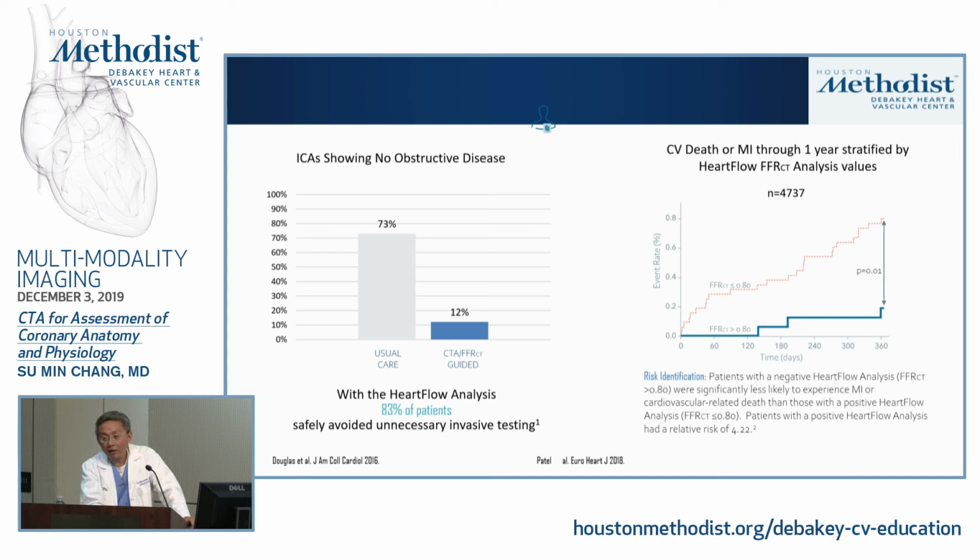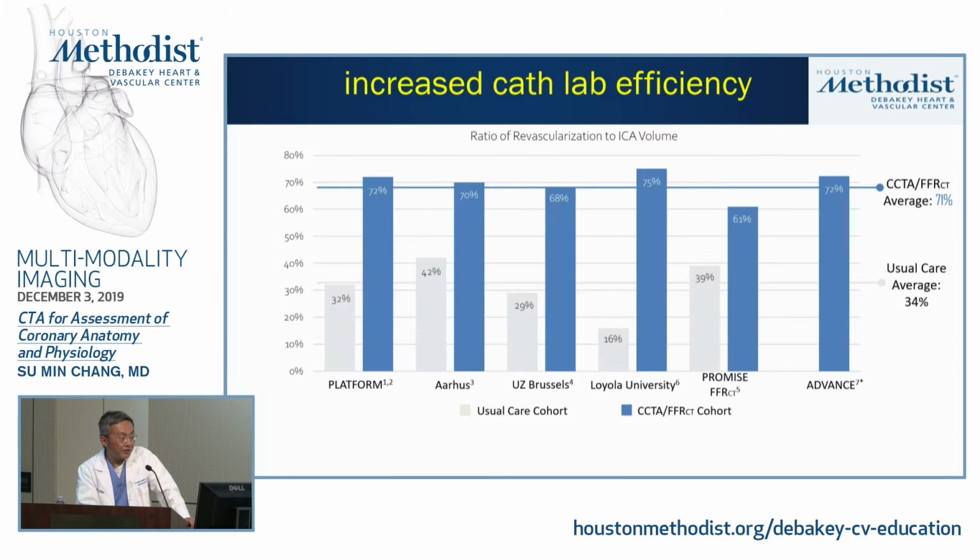We might ask, well, what happens to the outcome? Maybe you're not cathing patients who need to be cathed. But essentially, if the CT-FFR was normal, the event rate at 1 year is very low compared to a patient with abnormal CT-FFR. So it appears to be safe.